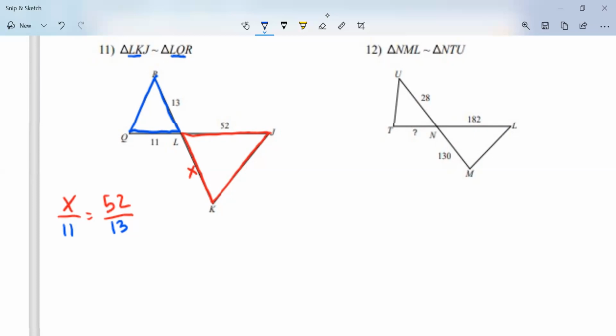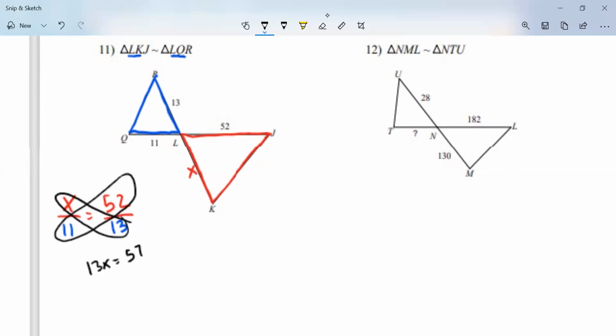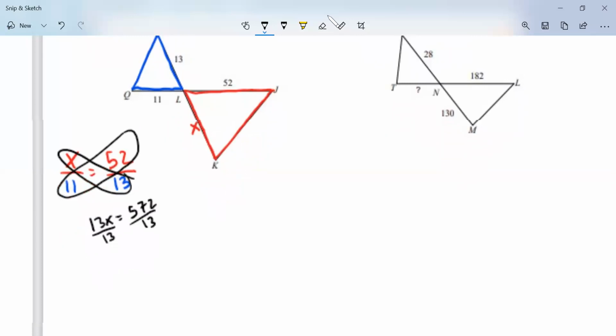Let me change this to black. 13 times x gives me 13x. 52 times 11 gives me 572. Now let me divide both sides by 13. I always divide by the number in front of x.